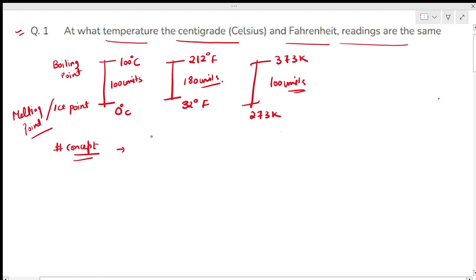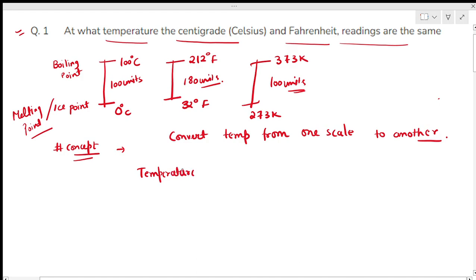So the concept is, if you want to convert temperature from one scale to another, you must remember this rule of reading.